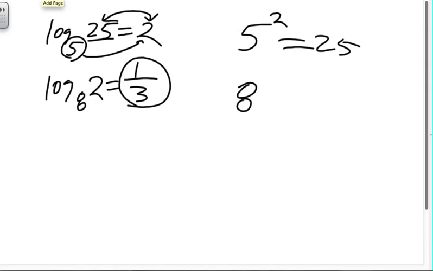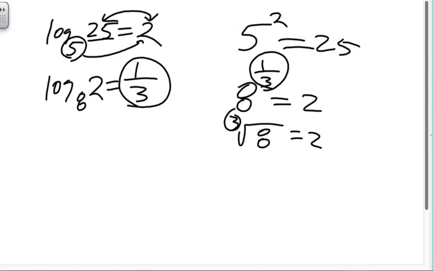That is my exponent. 8 to the 1/3 equals 2, or the cube root of 8 equals 2. You should be able to recognize these as equivalent forms. Okay, so that's how we do this.